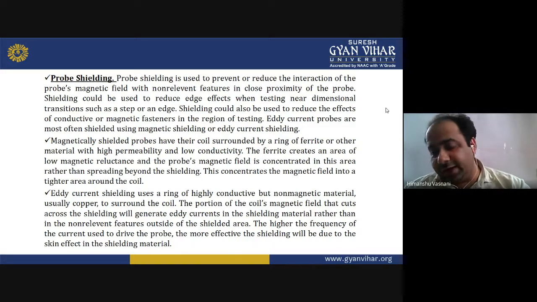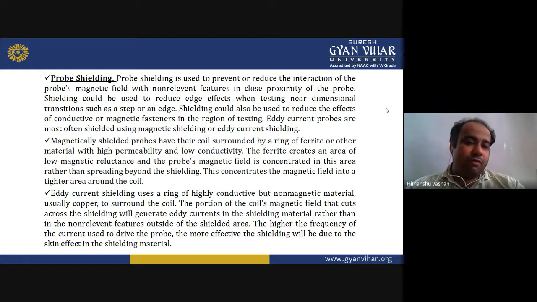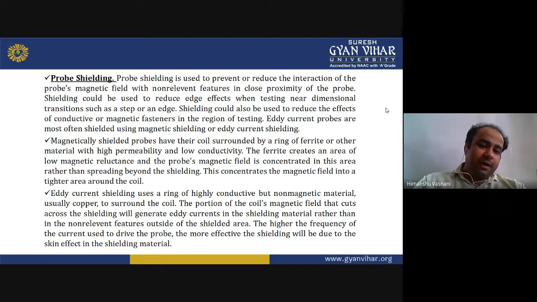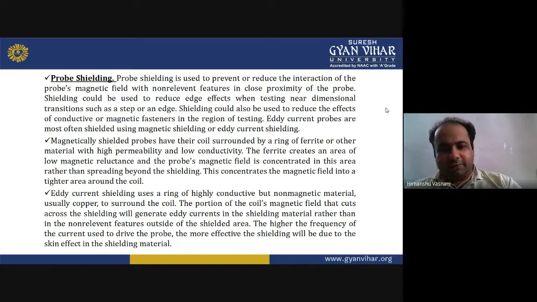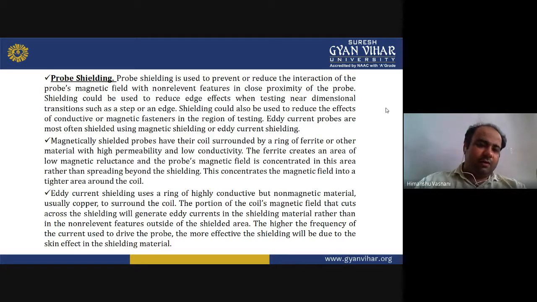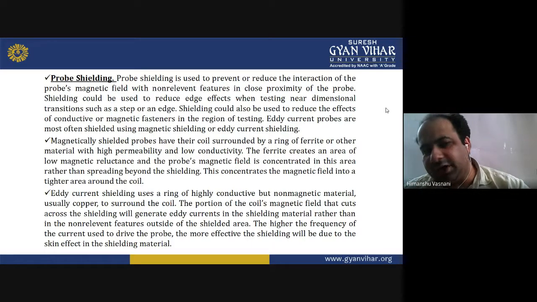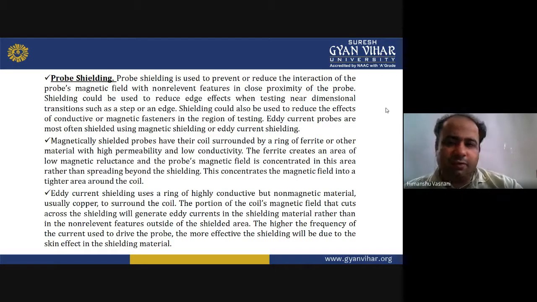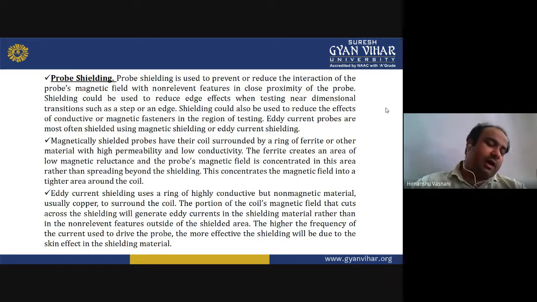The ferrite creates an area of low magnetic reluctance, and the probe's magnetic field is concentrated in this area rather than spreading beyond the shielding. This concentrates the magnetic field into a tighter area around the coil.